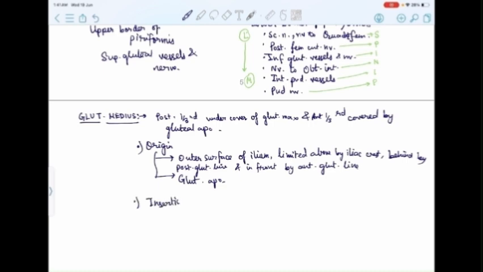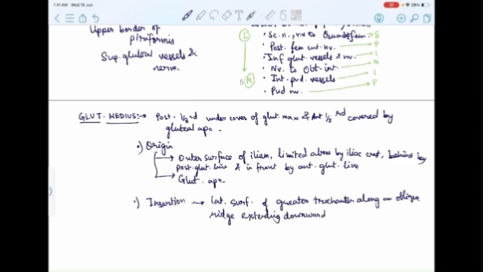Insertion: lateral surface of greater trochanter along an oblique ridge extending downwards and forwards from the tip of the greater trochanter.